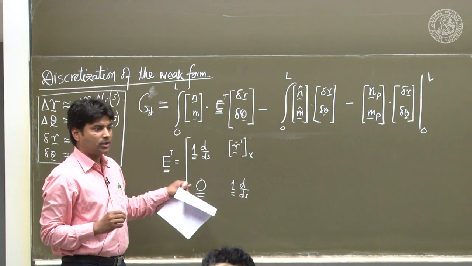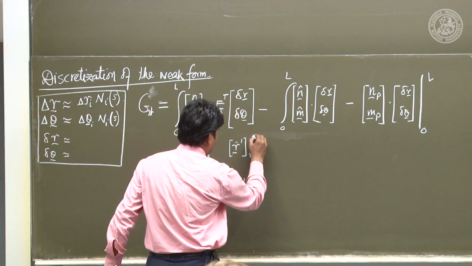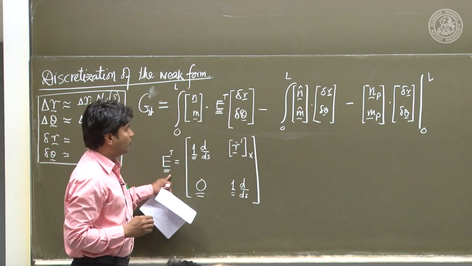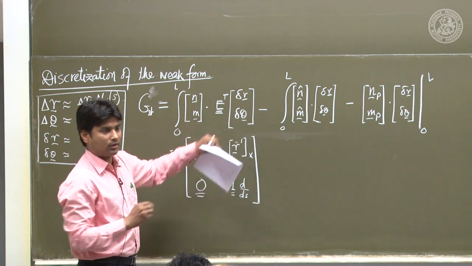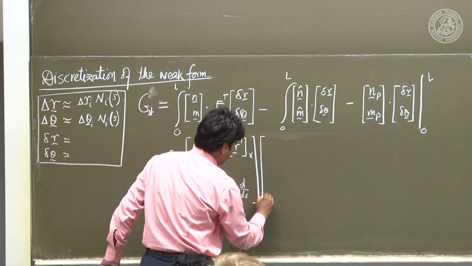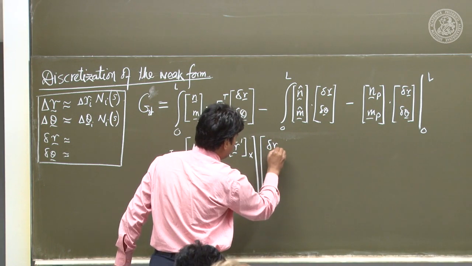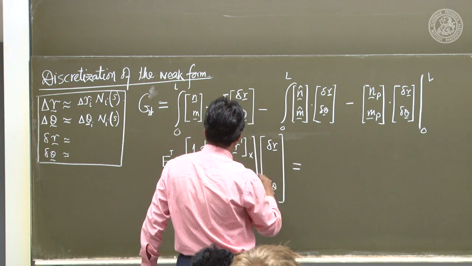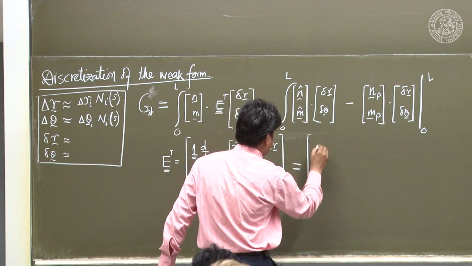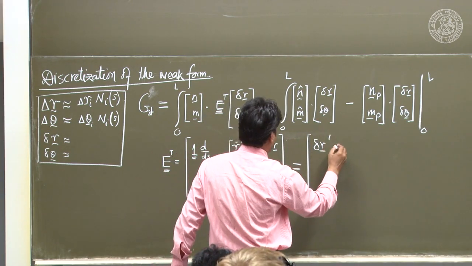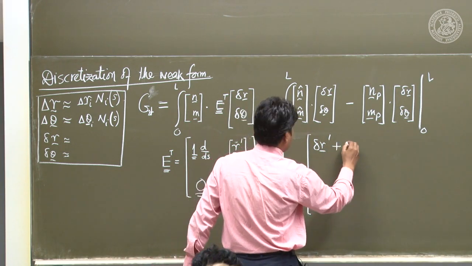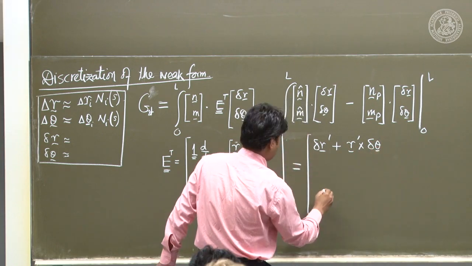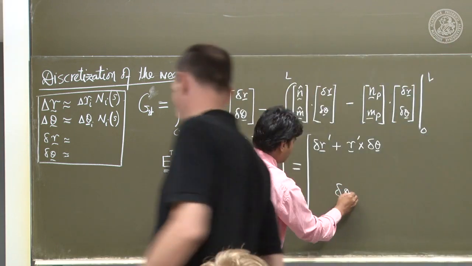So, when it acts on this del r del theta vector, this becomes del little r prime plus r prime cross del theta and del theta prime.